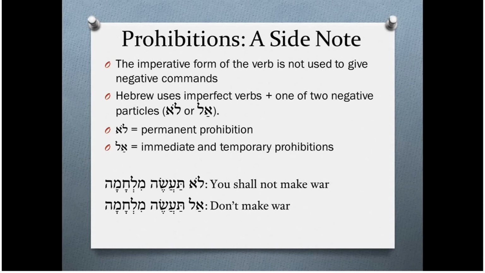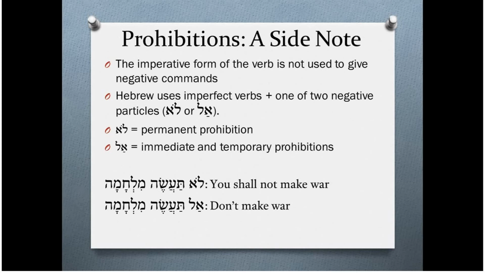And so I have two sentences as examples at the bottom. Lo ta'aseh milchama. That's "you shall not make war." And that would be a sort of categorical prohibition. Thou shalt not make war. But if you use it with al ta'aseh milchama, "don't make war." That is right now. You could imagine, for instance, a prophet or a king consulting a prophet and saying, should we go to war now?